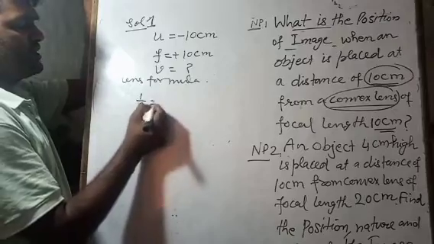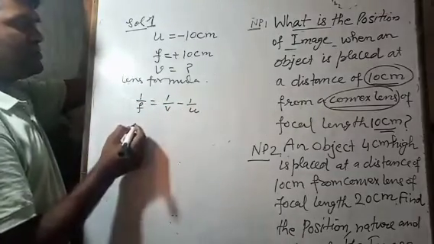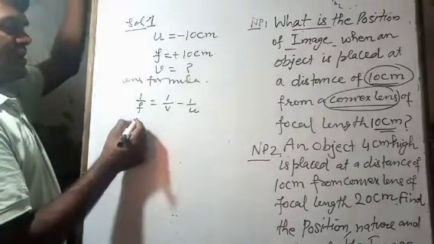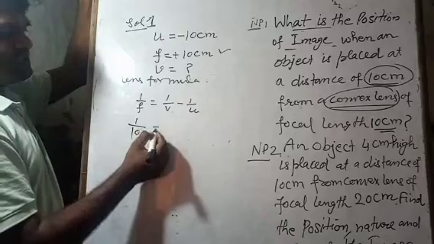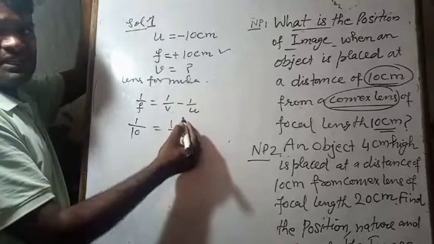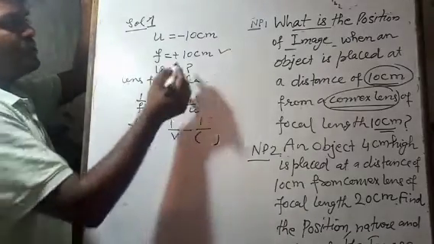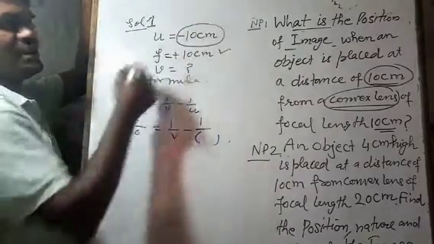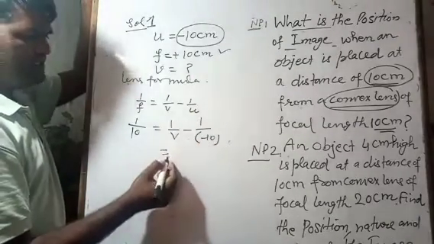So the lens formula is given by 1 by f equals 1 by v minus 1 by u. Now substituting all the values, focal length is given 10 centimeter and it is plus, v we need to calculate. Negative sign is already in the formula. Then in place of u we need to put the value minus 10. Okay, my dear student.